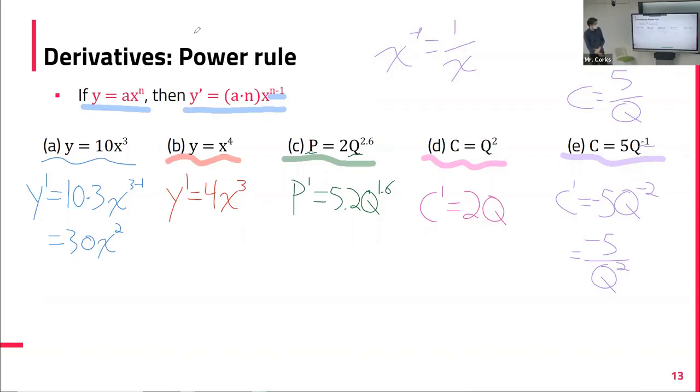There's our derivative. So sometimes we will need to convert from a fractional form to a negative exponent and then go back. Just remember our exponent rules. We should be able to handle that. Okay, so there's some basic practice with the power rule. Good.